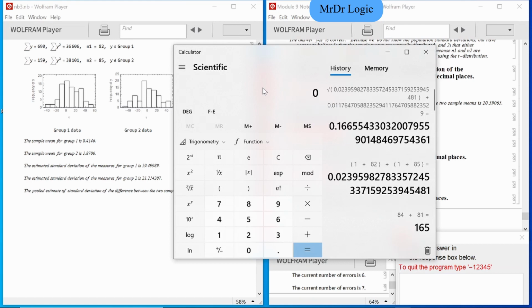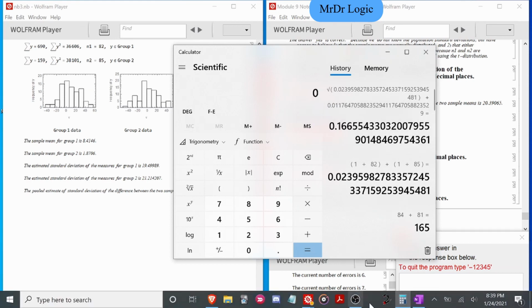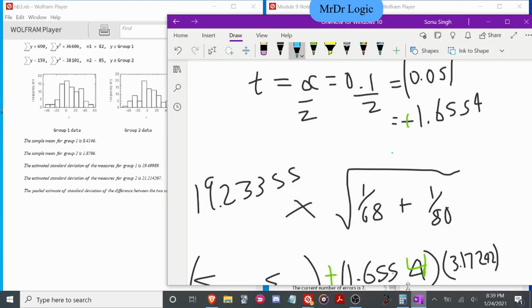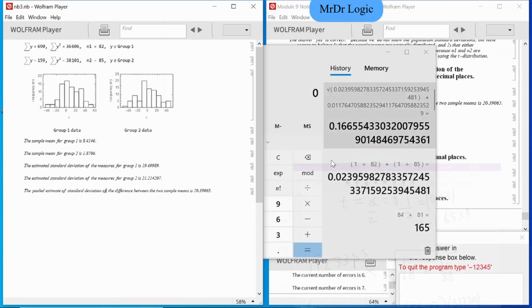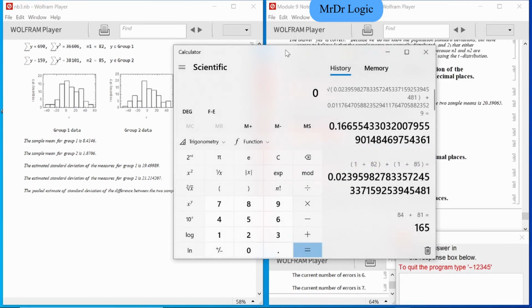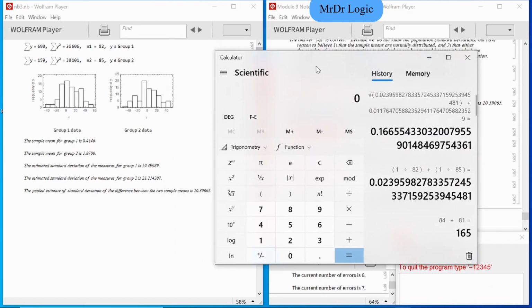So I'm going to do this on a different calculator, but the procedure remains the same. You're going to take this last number you calculated and do that. Let's try this again. I'm going to do it on my real calculator because this calculator does not want to cooperate with me.